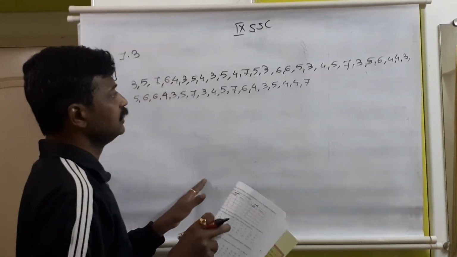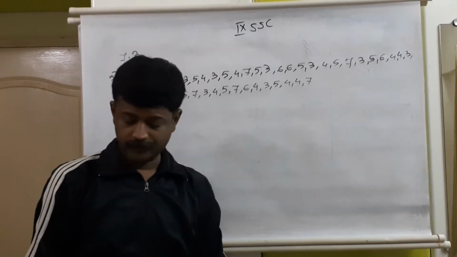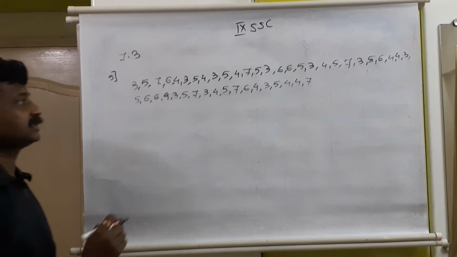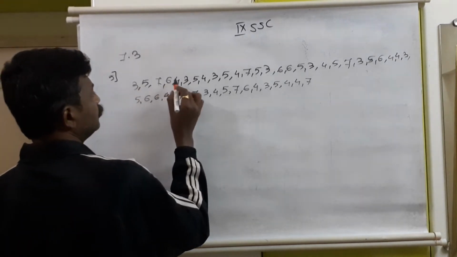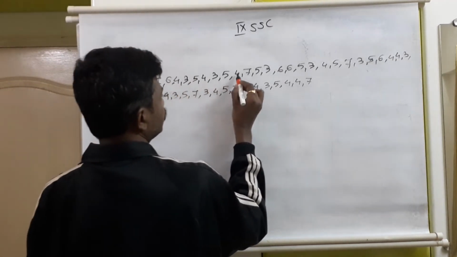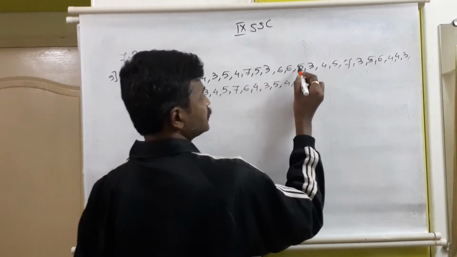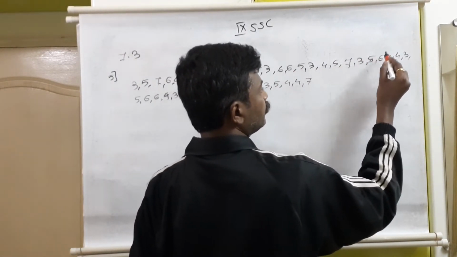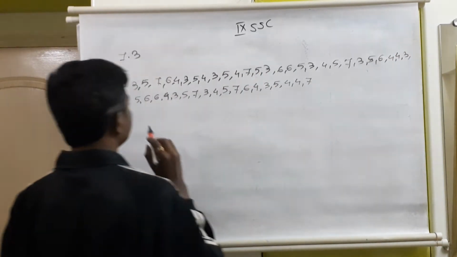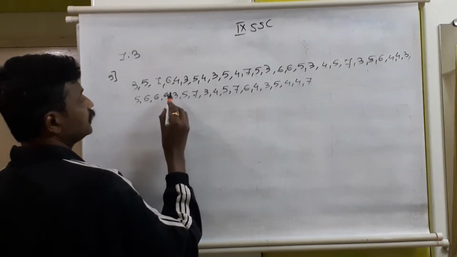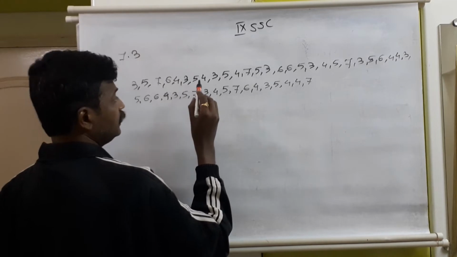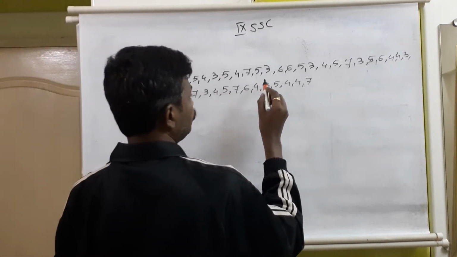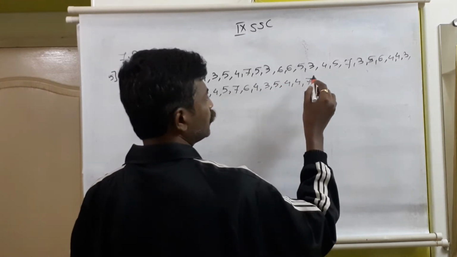We'll cross check. Here the information is about 45 students. Let us see if the information of 45 students is there or not. 1 2 3 4 5 6 7 8 9 10 11 12 13 14 15 16 17 18 19 20 21 22 23 24 25 26 27 28 29 30 31 32 33 34 35 36 37 38 39 40 41 42 43 44 45.